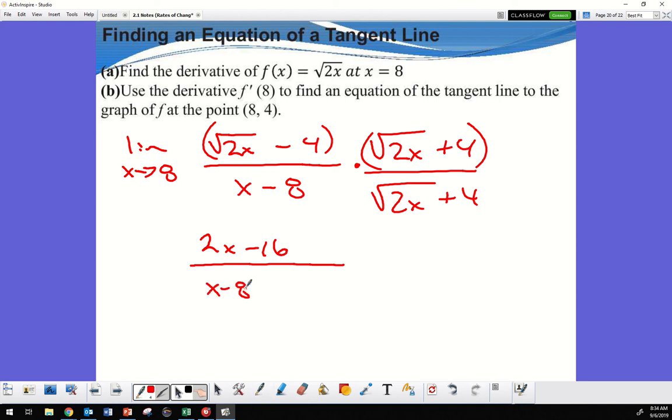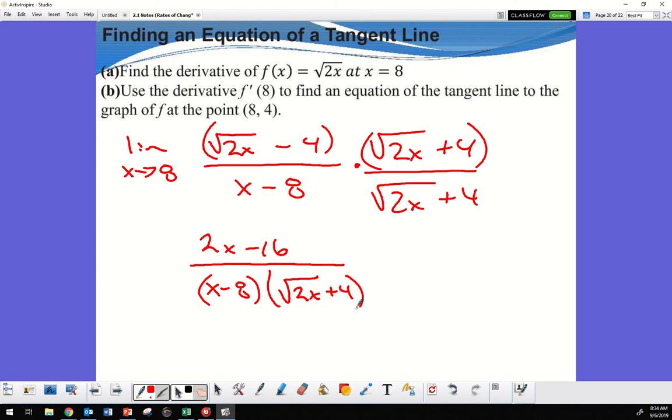If you need to, distribute the whole thing out so you can see what happens. The conjugate always gets rid of my middle term. That's the reason why I use it. So the middle term, the square root of 2x, is going to go away. Now that's left, and I still have my square root of 2x plus 4.